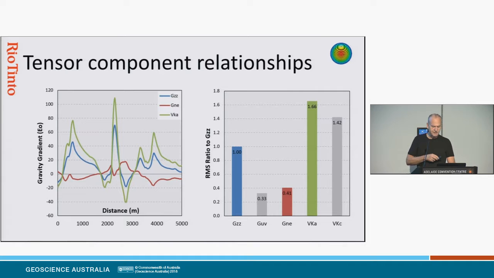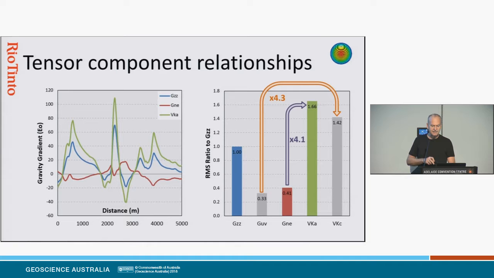In terms of the actual components that are being measured, you can see here plots along that flight path of GZZ, GNE, and also VKA. You can see that the VKA is actually larger in amplitude than the GZZ. That comes back to James's comment about the errors actually increasing when you take the Falcon components, GNE, GUV, and then calculate GZZ, simply because you're looking at a larger amplitude component.